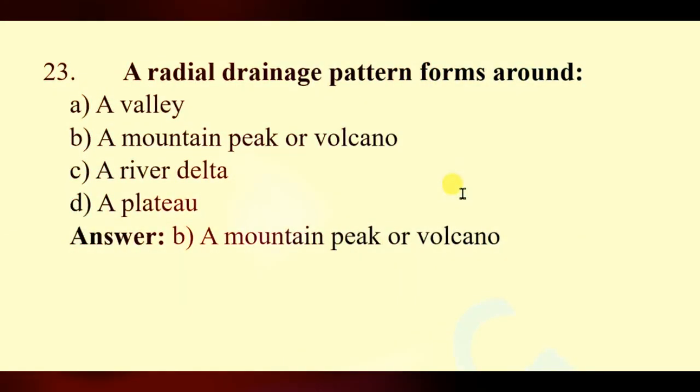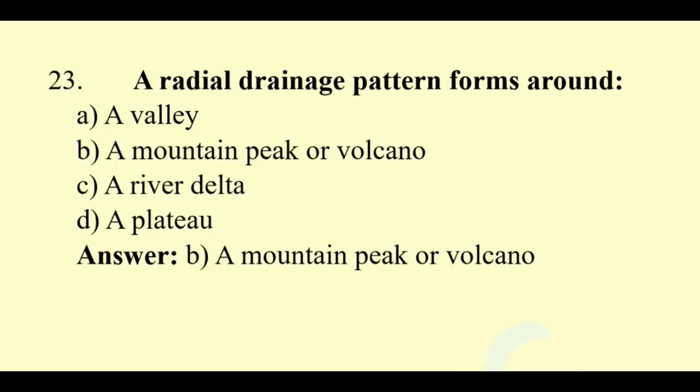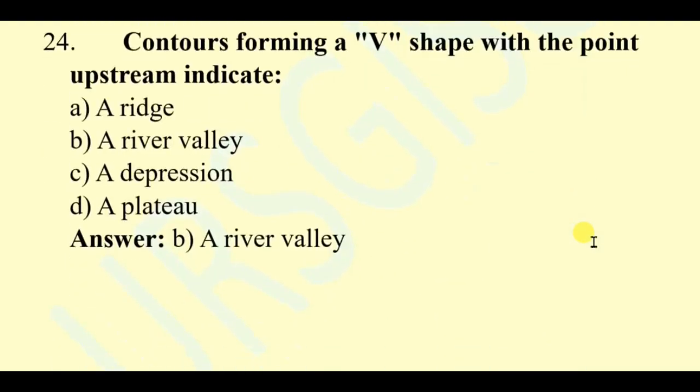Question 23. A radial drainage pattern forms around a valley, a mountain peak or volcano, a river delta, a plateau. Here the right answer will be a mountain peak or volcano. Question 24.